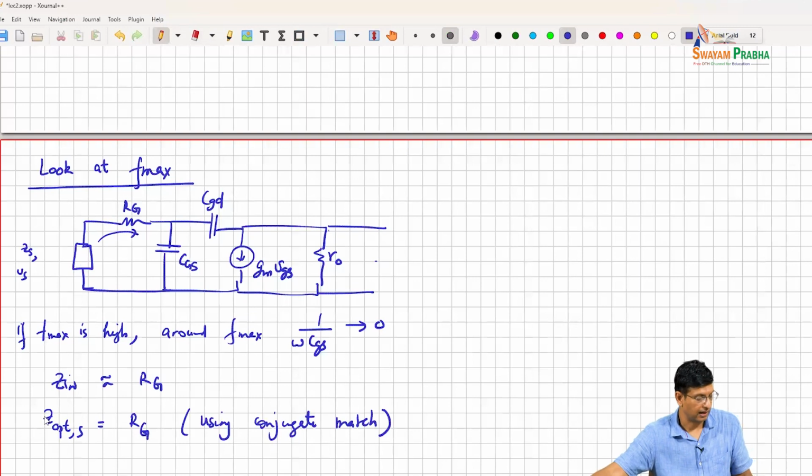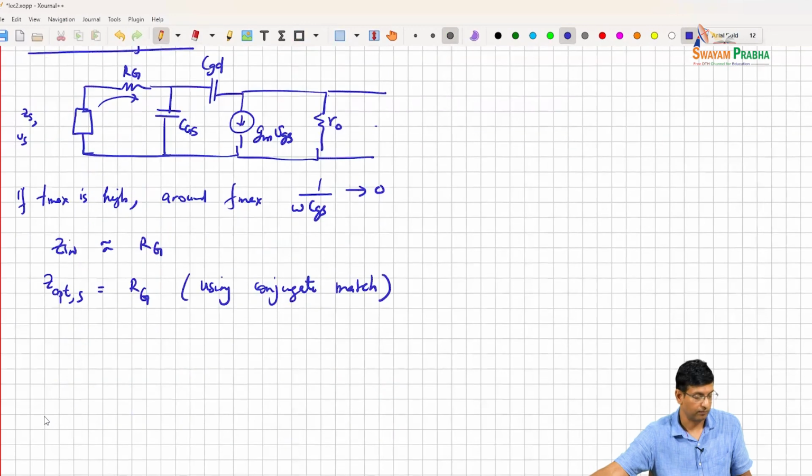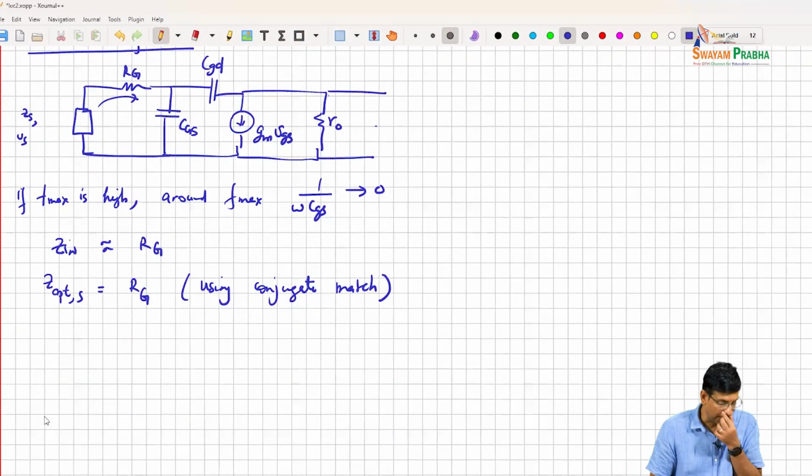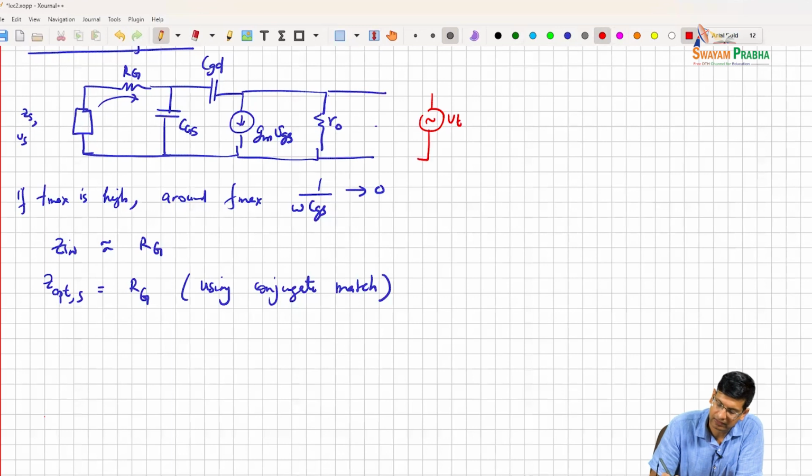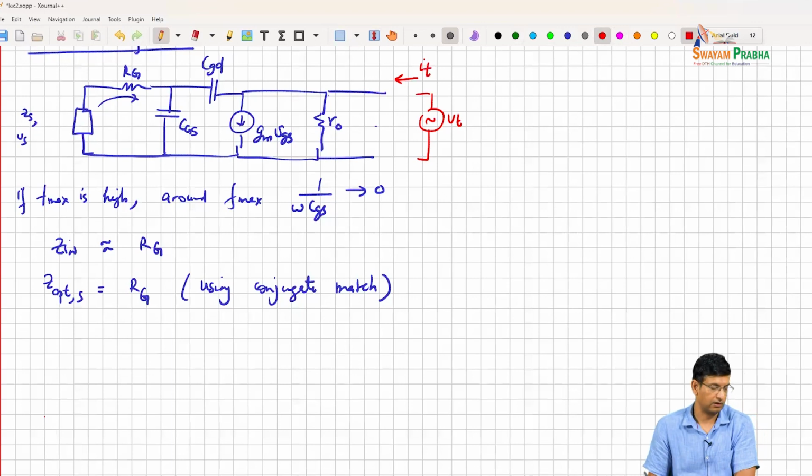So then we have Z out. In order to measure Z out, I can basically put a test source here, VT. And then I can try to see what is the test impedance that I see.